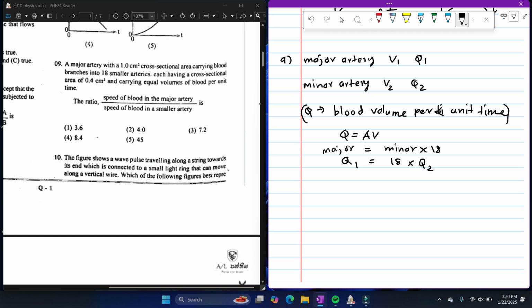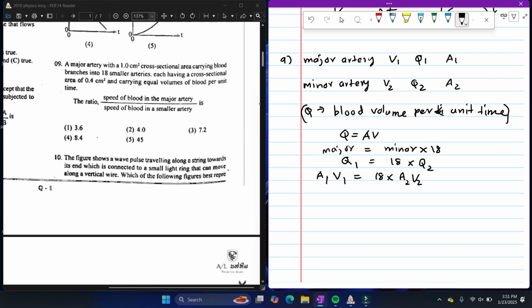So Q equals AV. Here the area of the major artery I will also consider as A1 and A2. A1 V1 equals 18 into A2 V2.